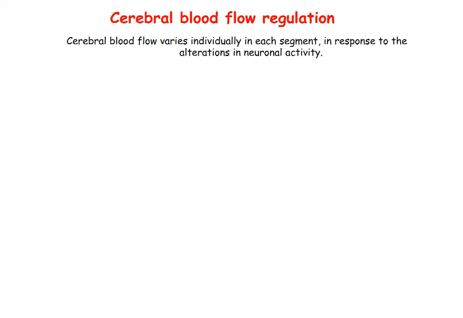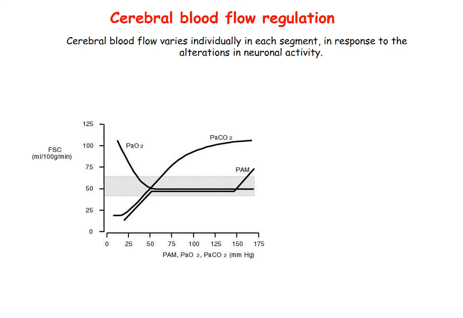For this, the brain has an auto-regulation system, which is the ability that the brain blood vessels have in order to modify their diameter to keep the blood flux constant during perfusion changes. This auto-regulation mechanism is called cerebral vasoreactivity and is regulated by different mechanisms.